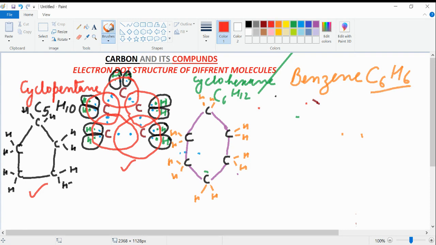Now I will draw it. Again it is hexagon in shape. 6 carbons, and each carbon is attached with one hydrogen.